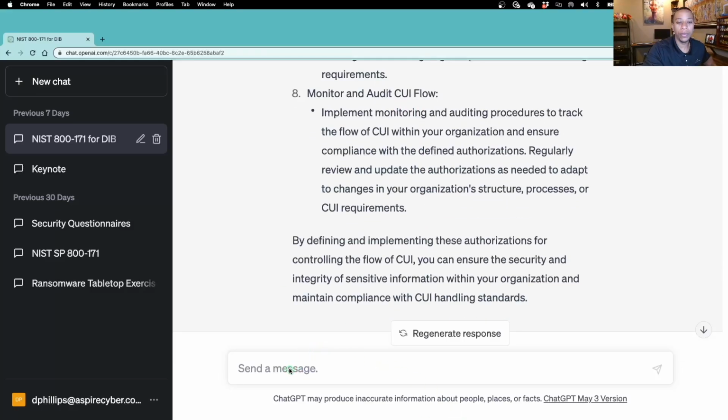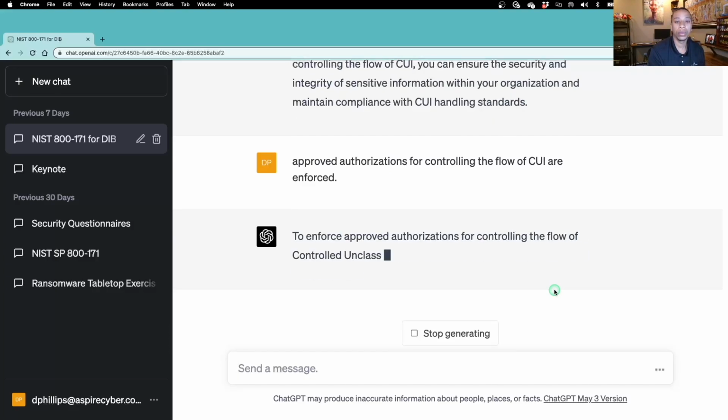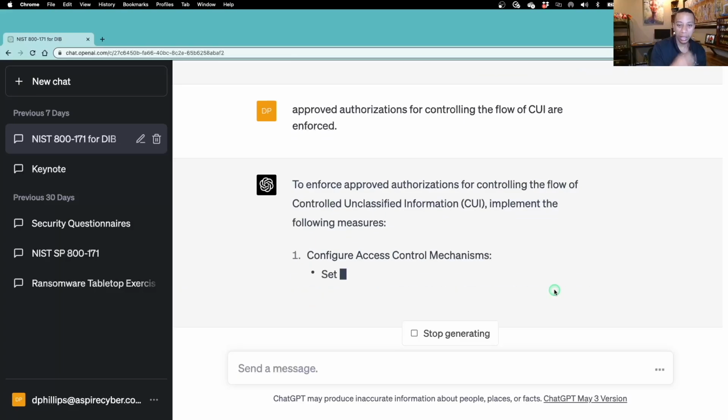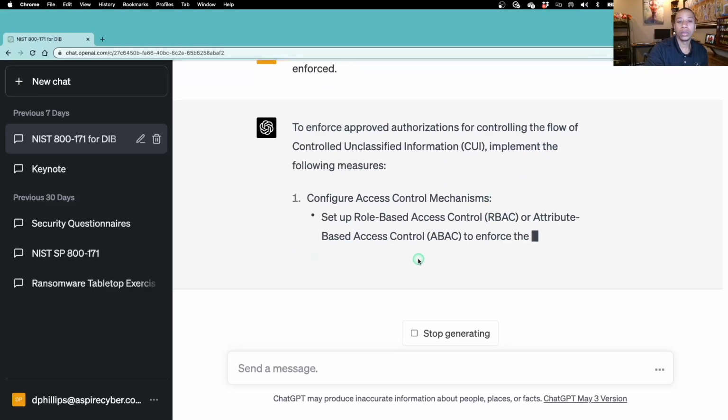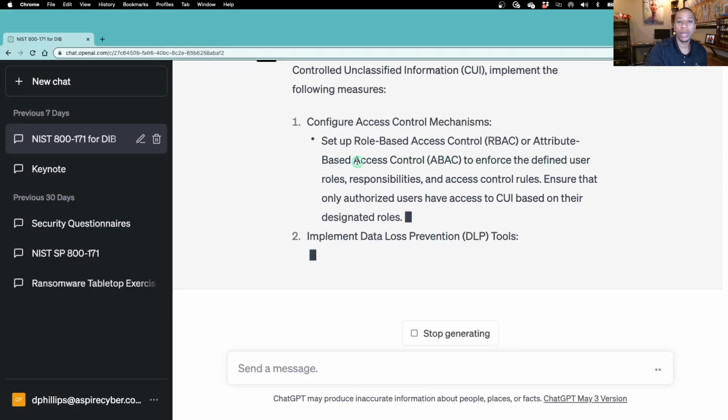Okay, so for the fifth and last assessment objective for 3.1.3, we want to approve that authorizations for controlling the flow of CUI are enforced. How are we enforcing? Going back to our RBAC, our attribute-based access control.